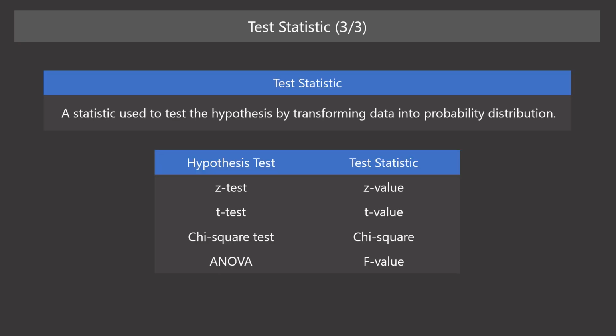Test statistic is a statistic that is used to test a hypothesis by transforming data into probability distribution. Depending on the type of testing, various test statistics are used. This is a list of popular test statistics, which will be covered in the following chapters.